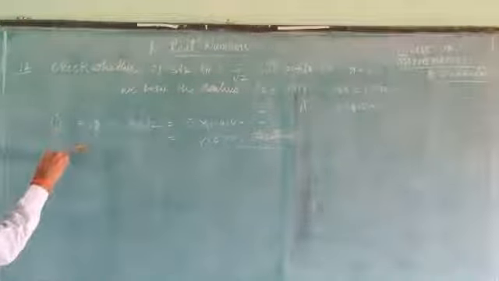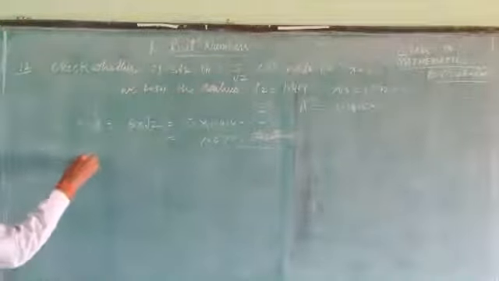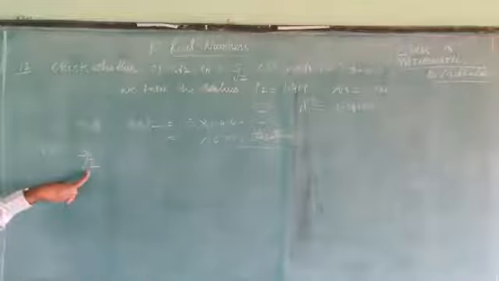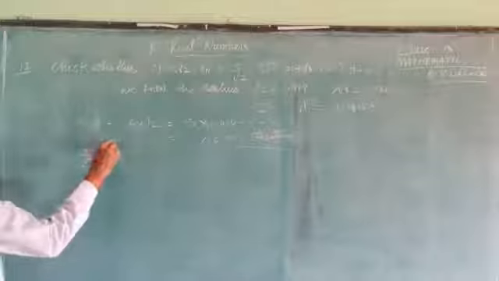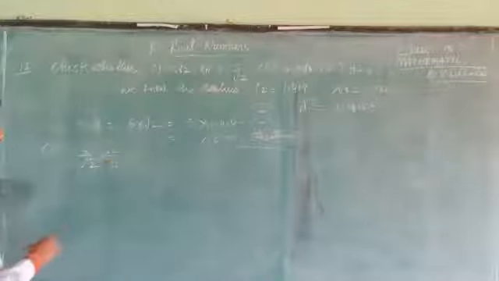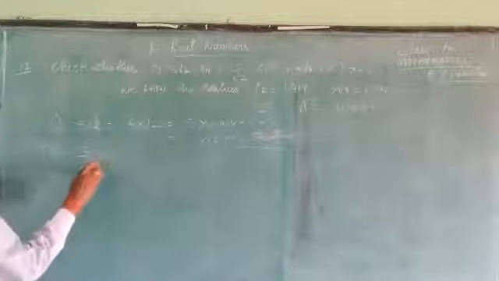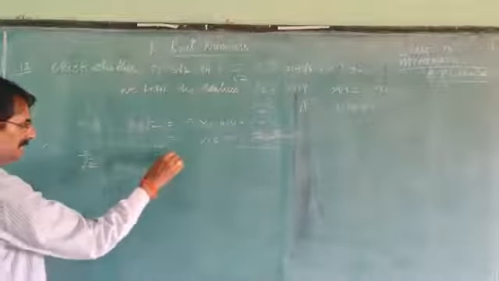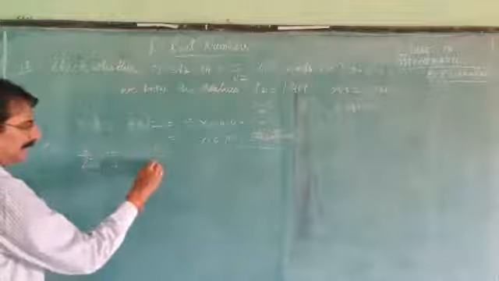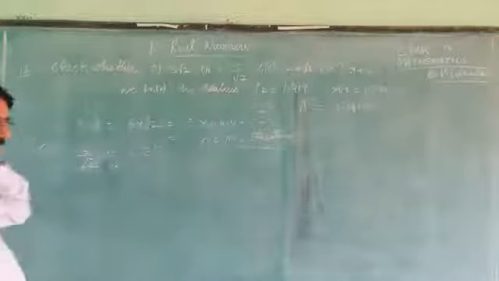Second, 5 by root 2. Root 2 is in the denominator. If we rationalize, we multiply by root 2. In the numerator we get 5 root 2, and root 2 into root 2 is root 4, which is nothing but 2.